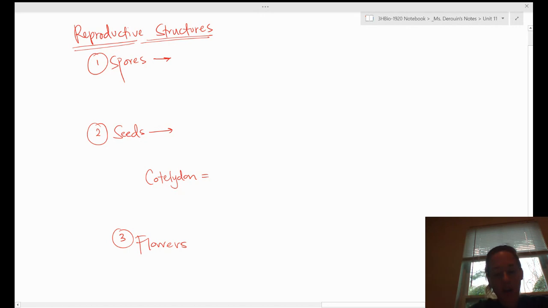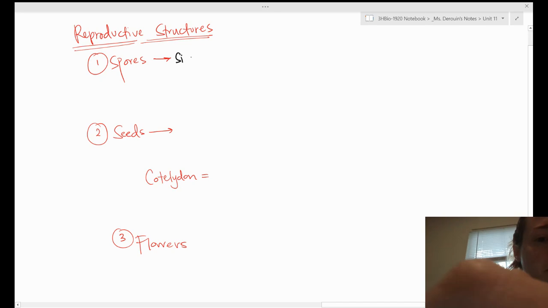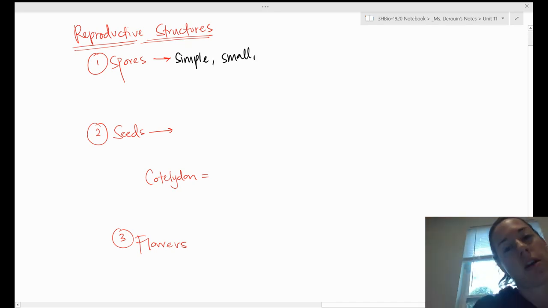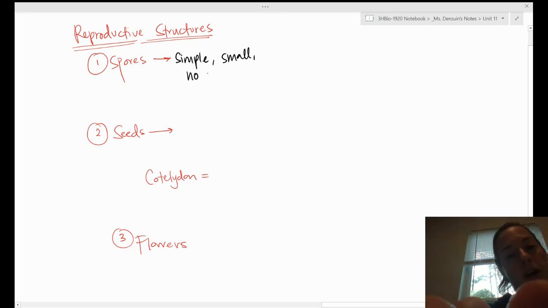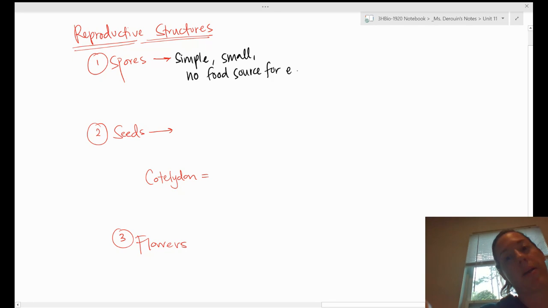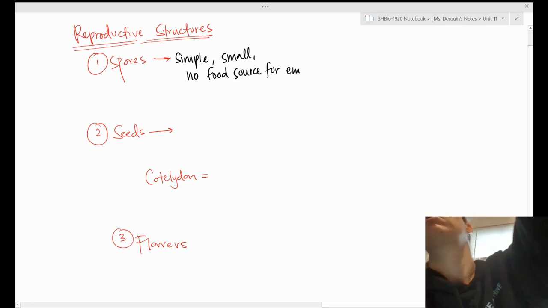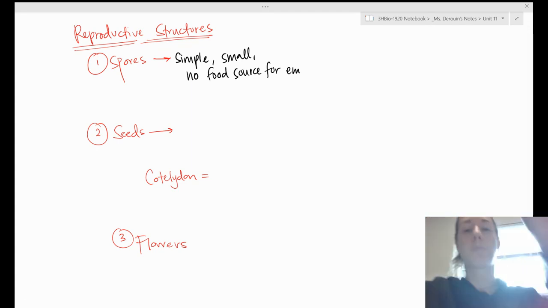Okay, so reproductive structures. Spores are going to be the simplest. They're going to have no food source or embryo, which is the offspring of the plant.